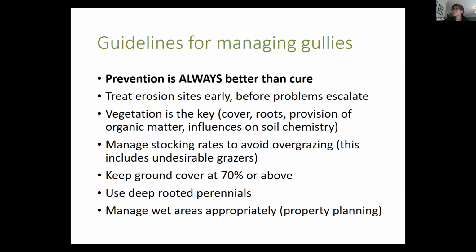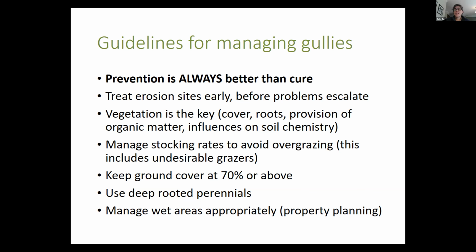So, guidelines for managing gullies: I think I've said this a couple of times already, prevention is always better than cure. If we can get on to treat these sites early, they're going to be much simpler to look at, much less costly to fix, and much easier to fix with more certainty. So the risk is a lot less. Once we get really big gully erosion heads, we're looking at big dollars to fix them. So let's get in and treat the sites early before our problems escalate.